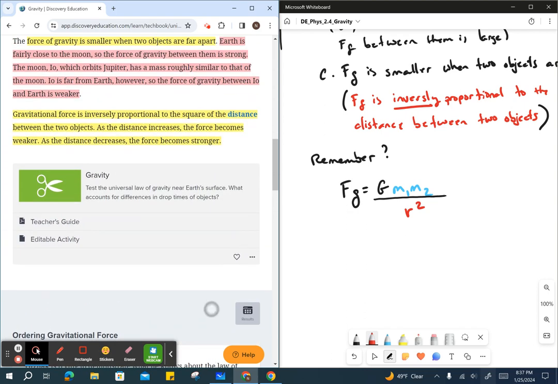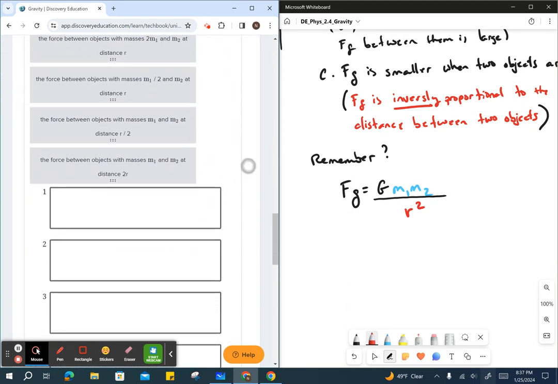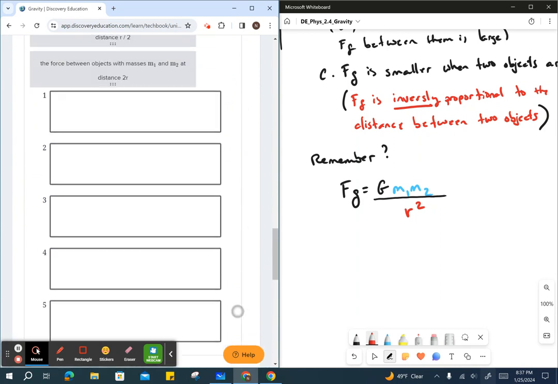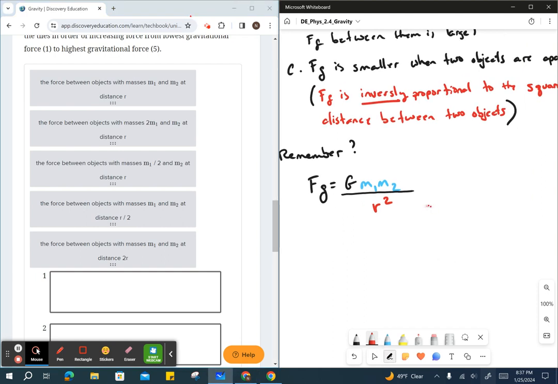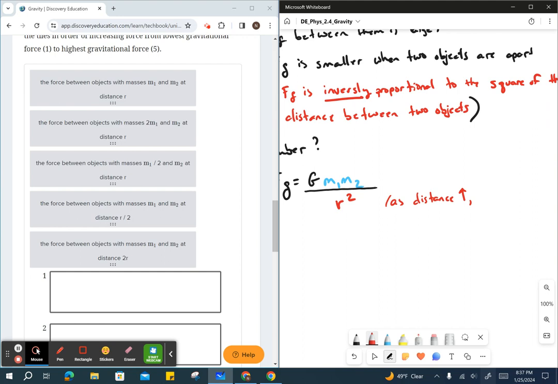Well, that takes care of this. I guess we should say that as distance gets bigger, increases, the force of gravity decreases.